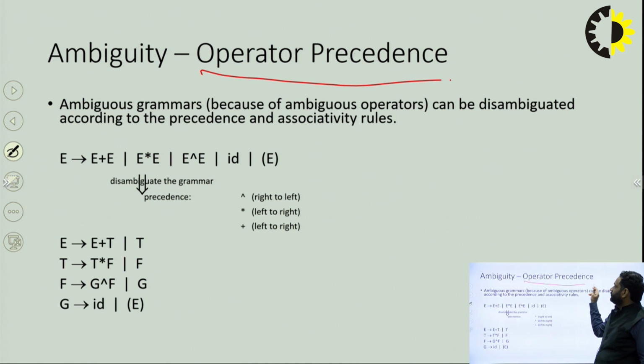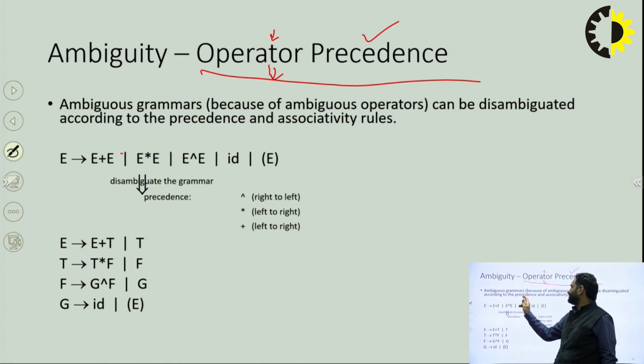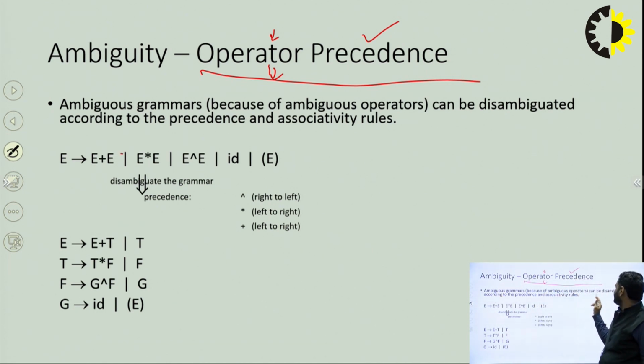Another way to convert an ambiguous grammar to an unambiguous grammar is by means of precedence. Precedence is applied to operators, and operators are generally terminal symbols if we talk about compilers. So an ambiguous grammar, because of ambiguous operators, can be disambiguated according to precedence and associativity rules.